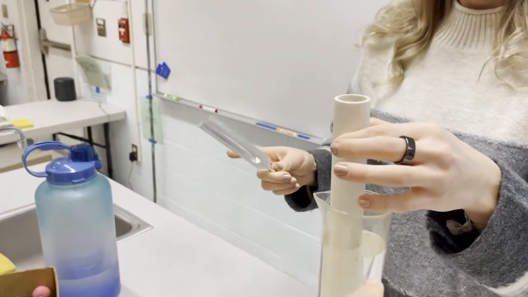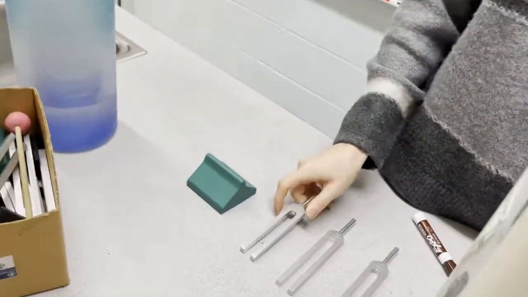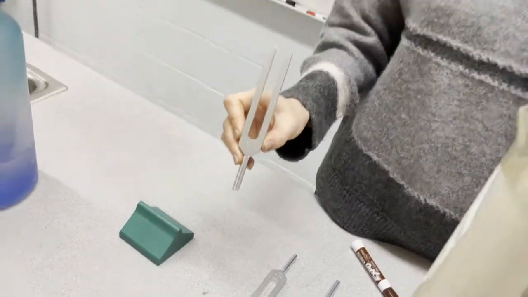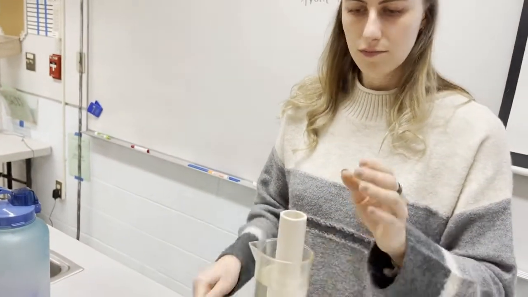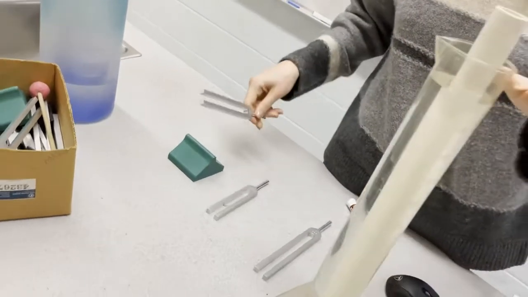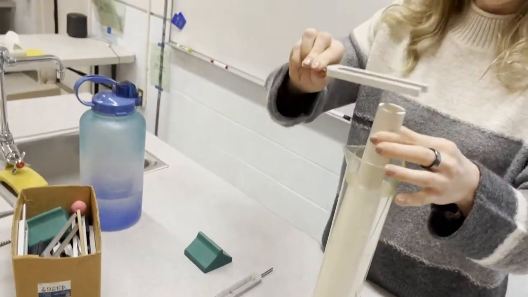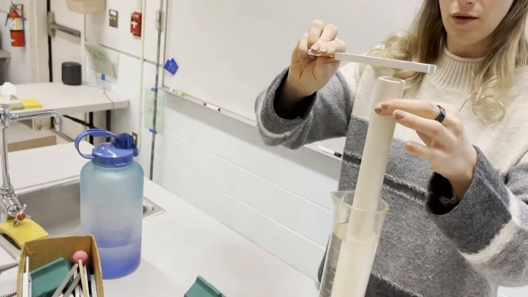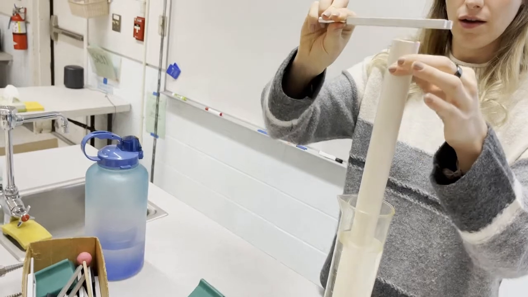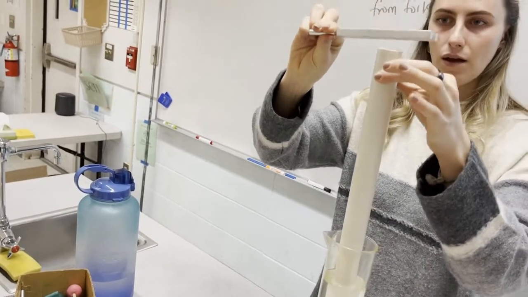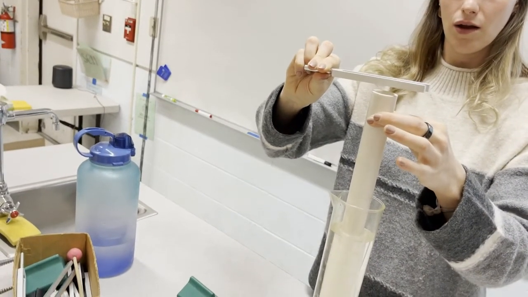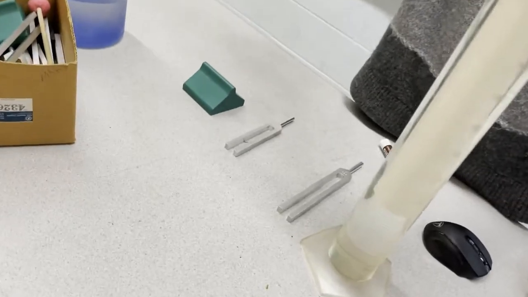She's changing the length, and because you have a fixed frequency, there's only one length that works. Try it with another one. All right, let's do this one. Right there. Not up there. Only right there. And now try the other one.